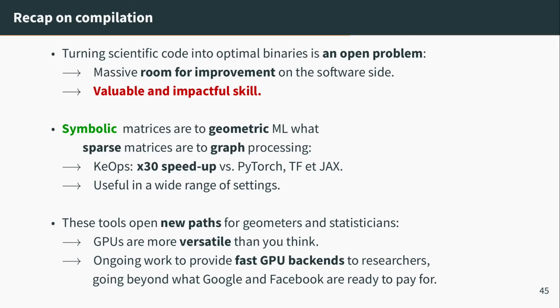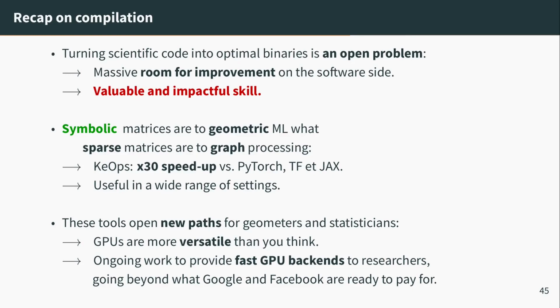But now it's possible. And so with KeOps, which is really meant for researchers, you get a free speed up for a wide class of problems against PyTorch, TensorFlow, and JAX. And the idea really is that all those tools like GPUs and software are here to open new paths for geometers and statisticians, like young PhD students next year.